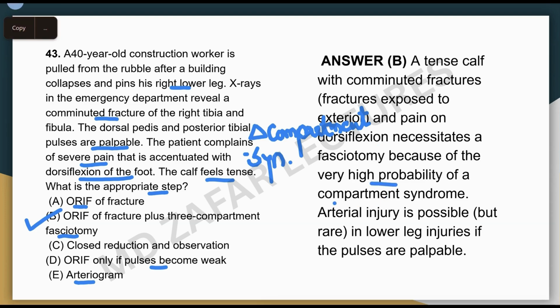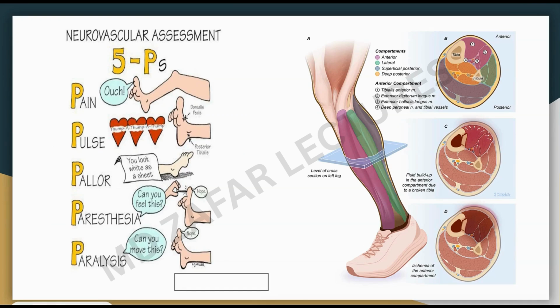So let me talk in more detail about what compartment syndrome is and how it should be managed. Now, regarding compartment syndrome, we need to know the 5 P's, that is pain, pulse, pallor, paresthesia, and paralysis. A patient is going to have pain that is out of proportion.